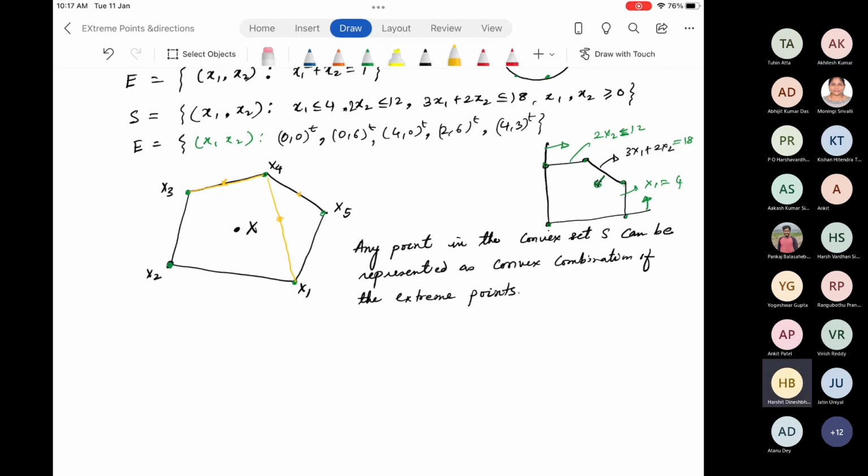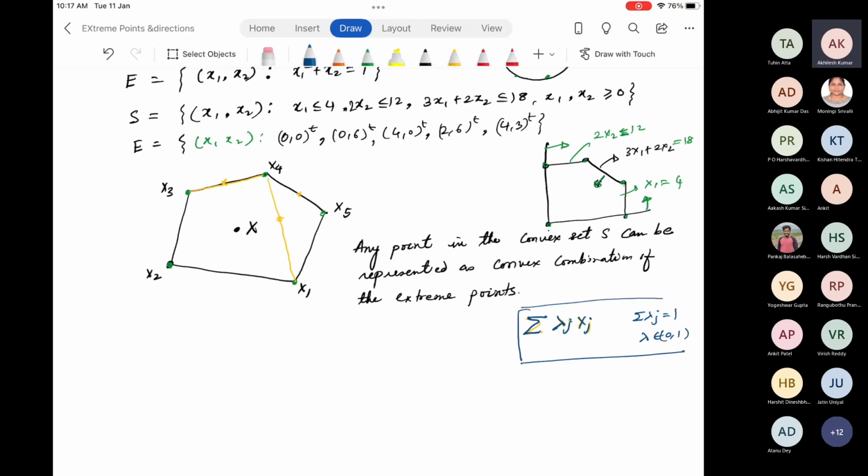Sir, maybe we can use more than two extreme points. Harshit, if you remember convex combination, I have said summation lambda j xj, right? Is it visible? Summation lambda j xj, and we say the sum of lambdas is equal to 1 and lambdas belong to [0, 1]. This is what a convex combination is.